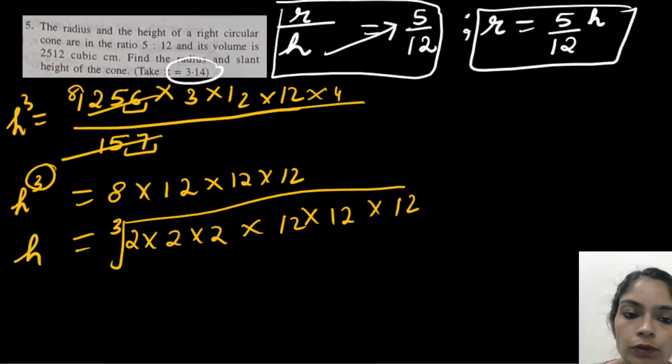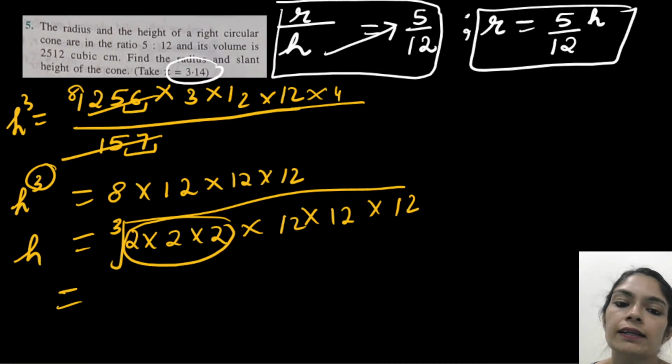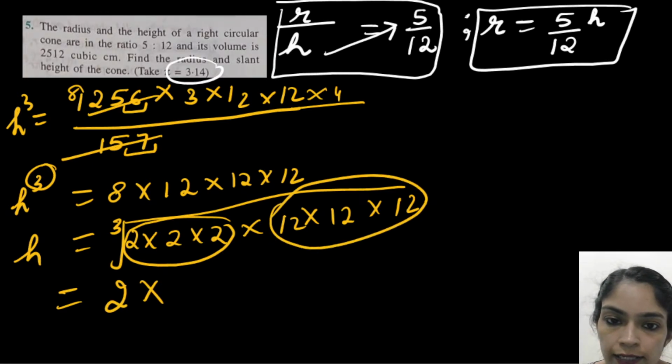In cube root, like in square root where we bring out one pair, here in cube root one triplet we'll take out as one number. So the triplet of 2s I'll take out of the root as 2, and this is another triplet. Triplet means 3 same numbers.